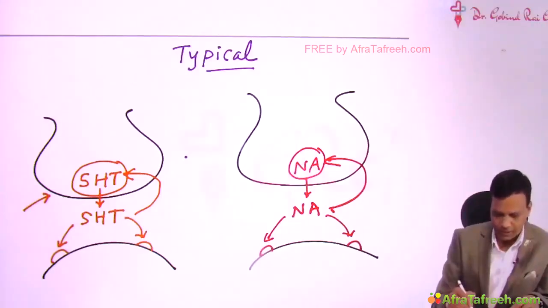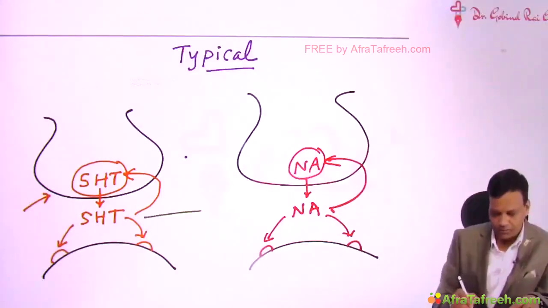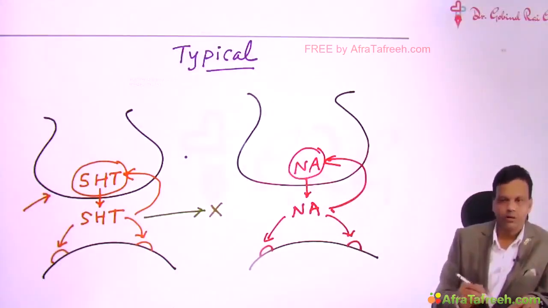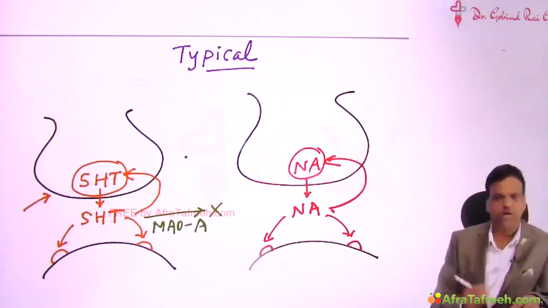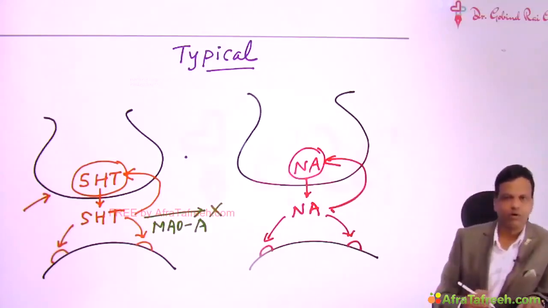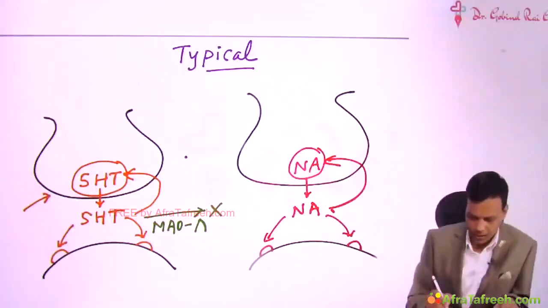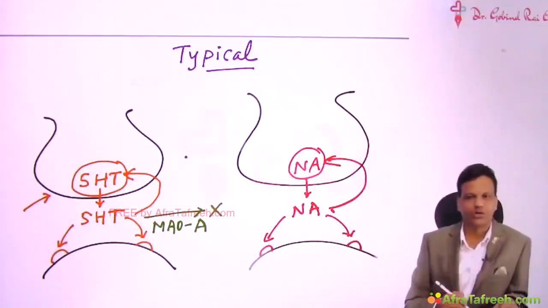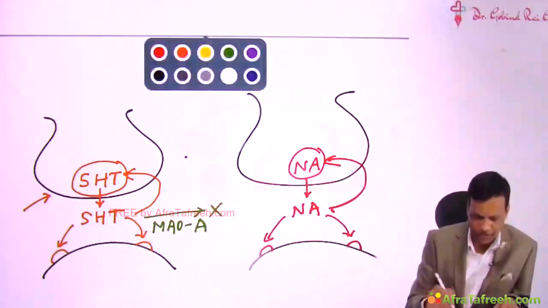Now, apart from reuptake, serotonin action can also be stopped by metabolism. Serotonin can be broken down by monoamine oxidase type A. We have two types of monoamine oxidase, MAO-A and MAO-B. MAO-A metabolizes serotonin. So we want to increase the level of serotonin for treatment of depression.